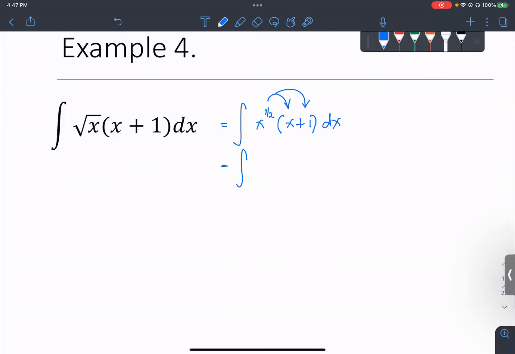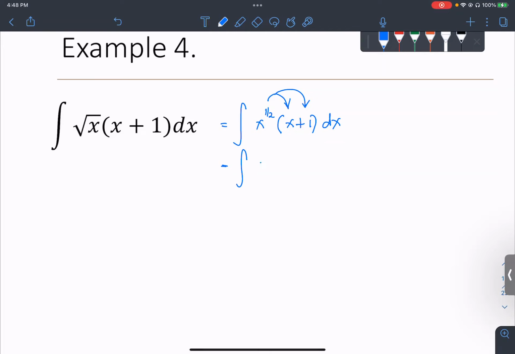So what is x raised to 1/2 times x? So diba sa rules of exponents, if the base is the same, which is x, so we add the exponent. So what is x raised to 1/2 times x?